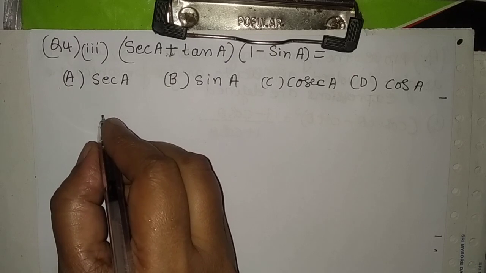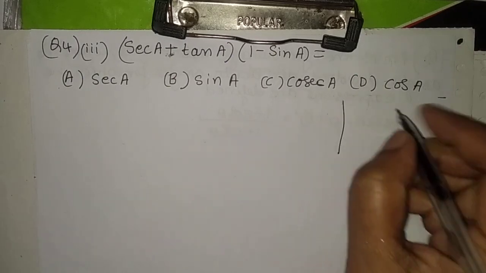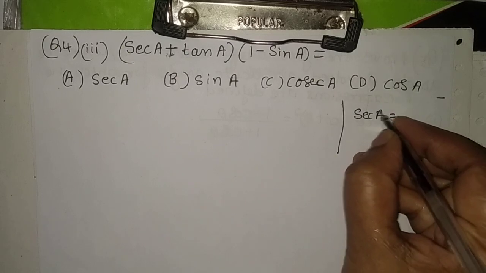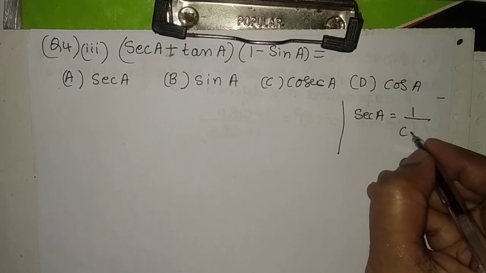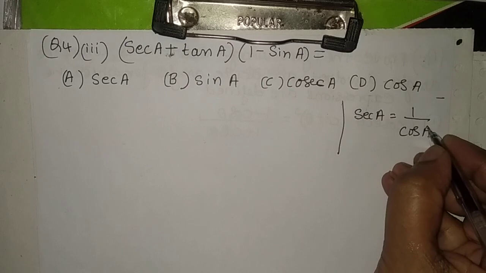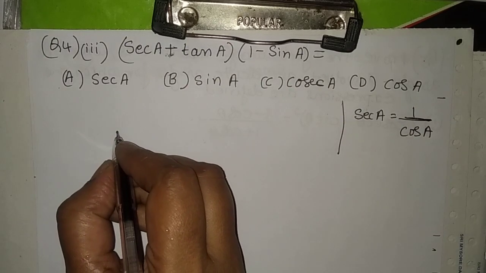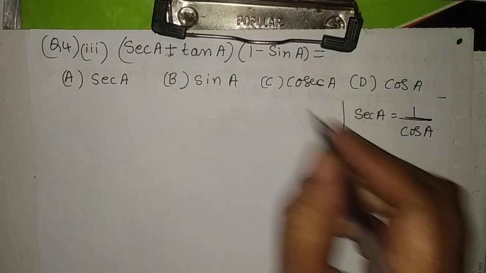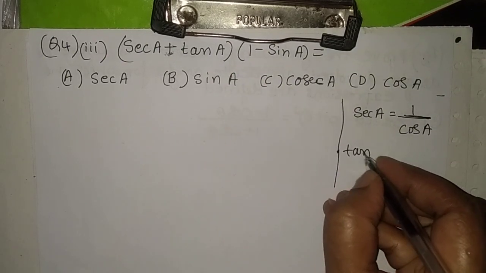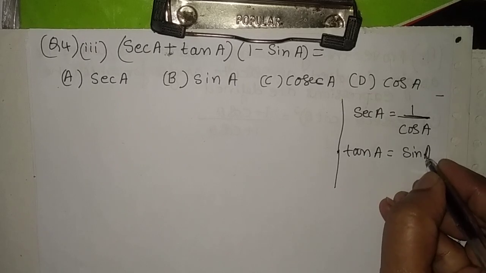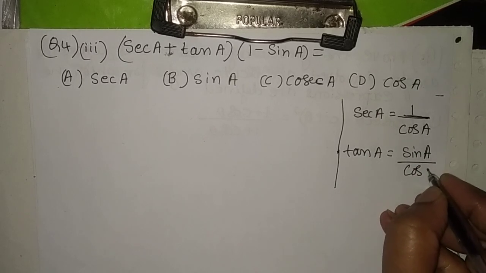The first step: we know that secant A is equal to 1 by cos A, and also tan A is equal to sin A by cos A.